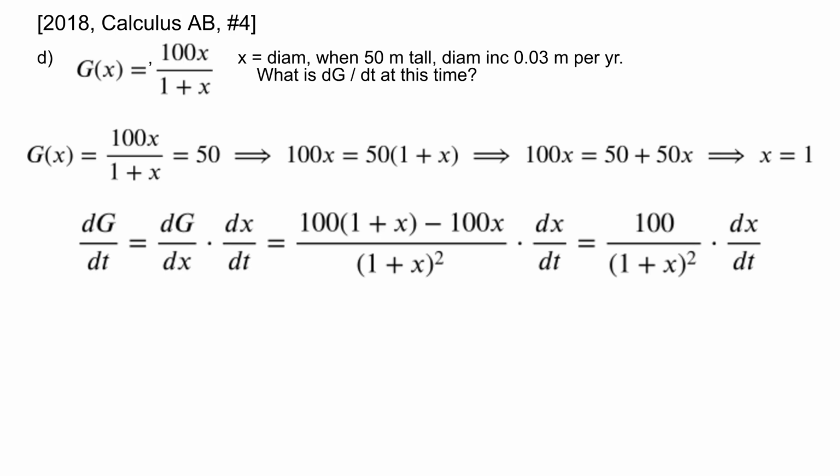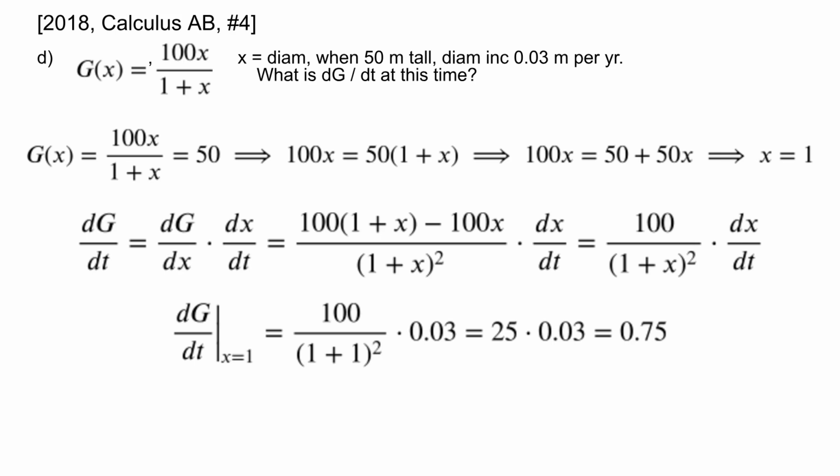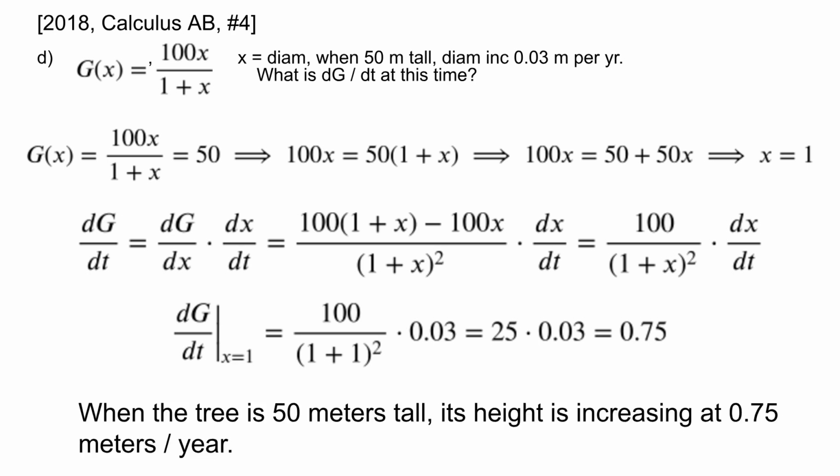And then I just need to multiply that by dx dt. So dg dt, specifically when x is equal to 1, is going to be 100 over 1 plus 1 squared times dx dt, but we know that dx dt is 0.03 here, and we get 0.75. So when the tree is 50 meters tall, its height is increasing at 0.75 meters per year.